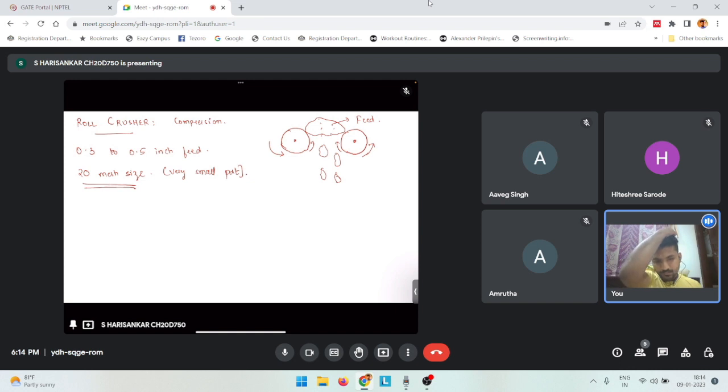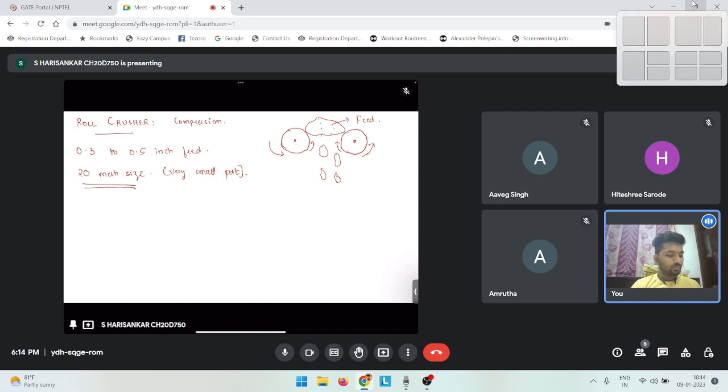Roll crushers can be used to crush oil seeds and even gunpowder.